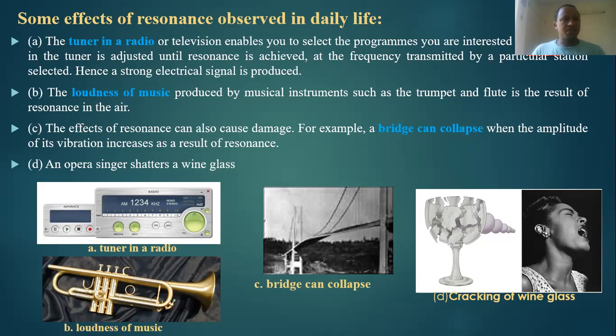The circuit in the tuner is adjusted until resonance is achieved at the frequency transmitted by the particular station selected, hence a strong electrical signal is produced. So in this radio, we can select the frequency at which we get the appropriate bands.